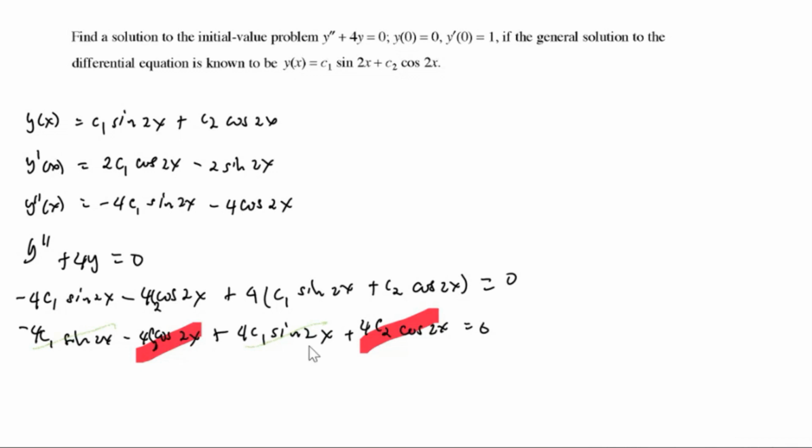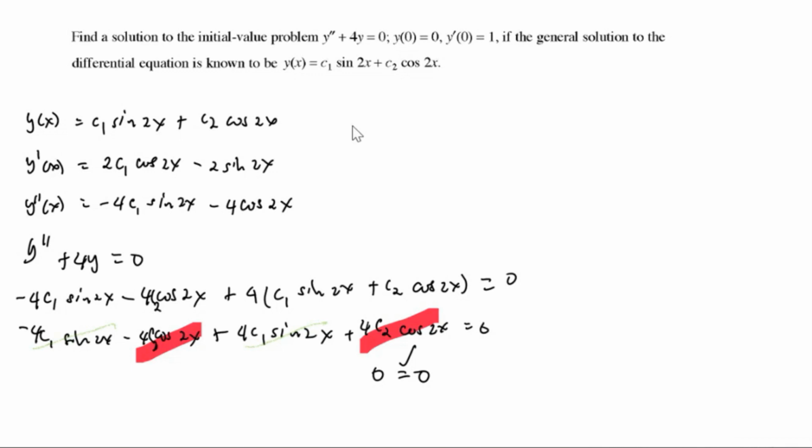So everything on the left hand side is equal to 0, and that is equal to 0 on the right hand side. Since this is a true statement, we could say that the given equation y of x is equal to c sub 1 sine 2x plus c sub 2 of cosine 2x is a solution to the given differential equation. Now we have satisfied the differential equation.